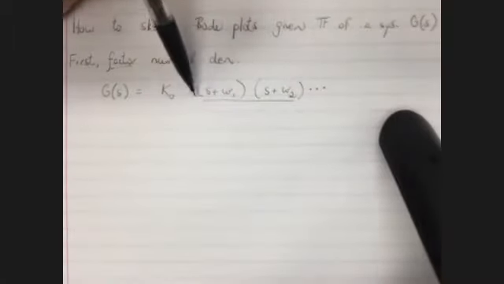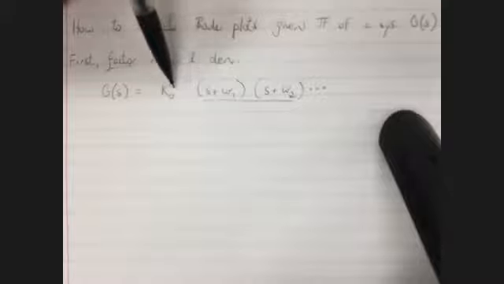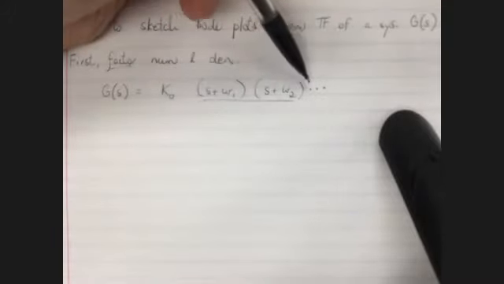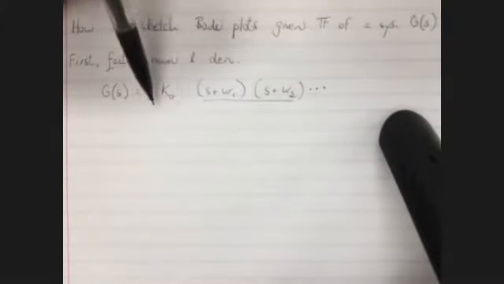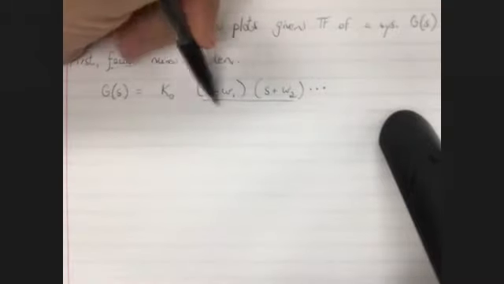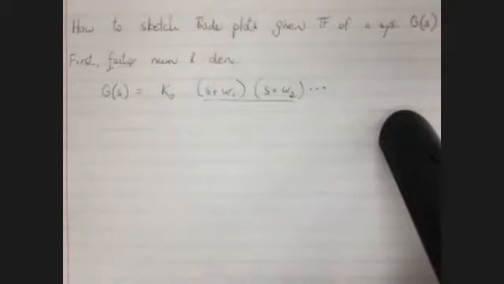Basically, in the numerator you're factoring out an S plus this, S plus that, and so on. If you had an order 3 numerator, you would have 3 of these terms. You would put any gain out in front, and you would do the same for the denominator. Usually you'd have s to the 5 or s to the 4, whatever.